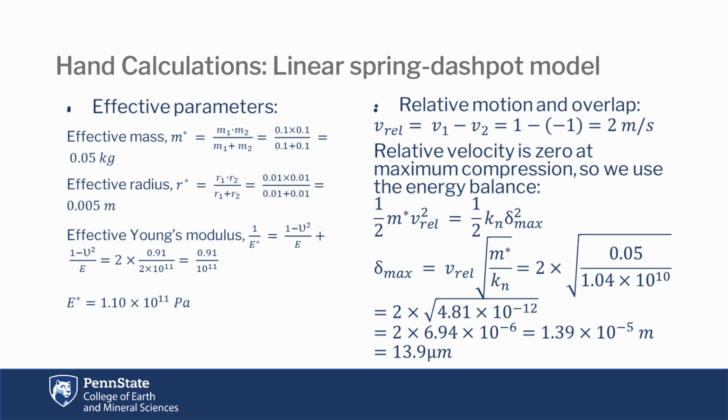From there we can get our maximum displacement, the overlap at the point of contact: how far they can go, whether they're going to overlap, or just make contact and then split apart, or be elastic and go apart. So it's 13.9 microns.